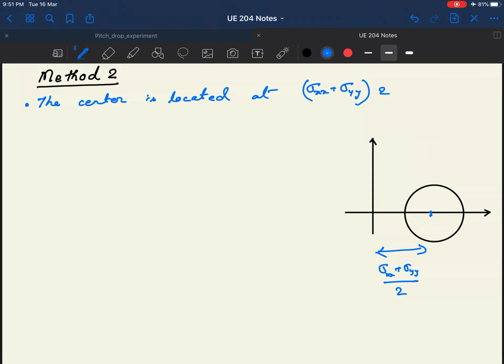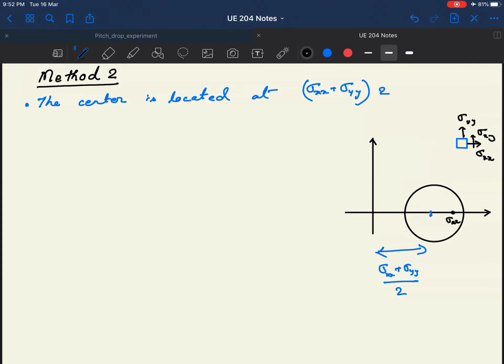Okay. But now, if you have a particular situation, so if you have, let's say, this face that is given, and in this particular case you have the stresses, then you have to identify the point sigma xx somewhere, right?